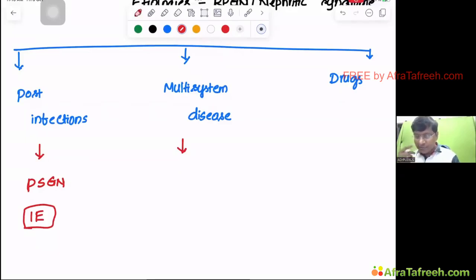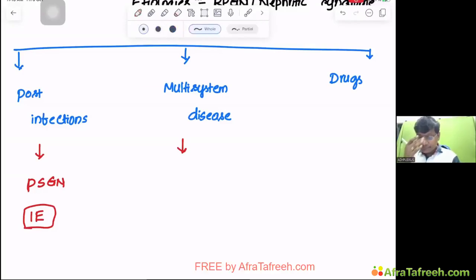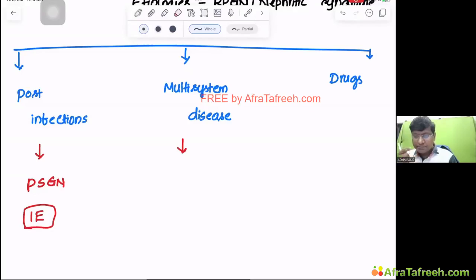Very good, Kamal Nathan. One more important finding: clubbing. Clubbing can be there. Can anyone tell me one more cardiac condition where you can have clubbing apart from infective endocarditis?